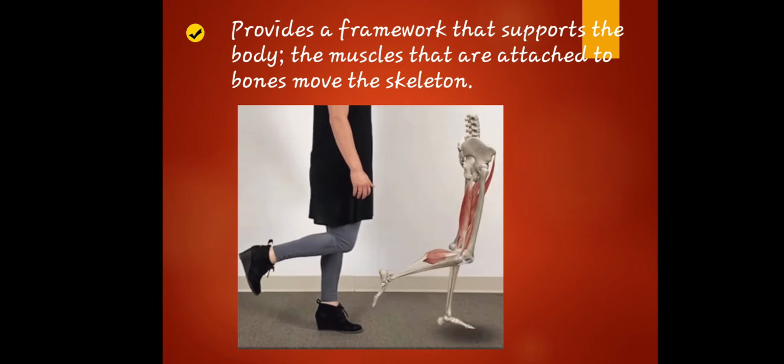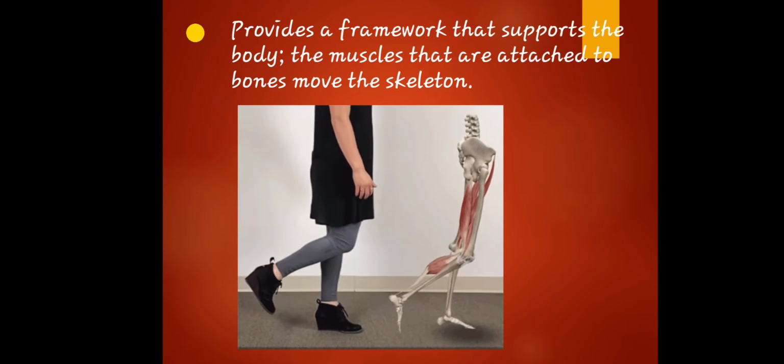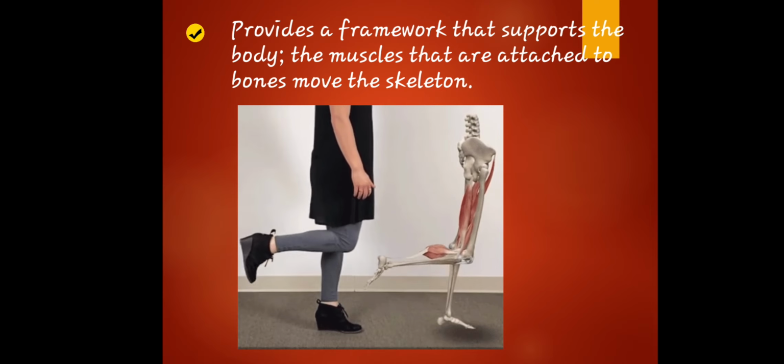It is why we can run, walk, flex, and get things that we want to reach, because of the skeleton and, of course, the muscles that attach to the skeleton. As you can see in the picture, it is understandable that bones are one of the reasons why we can flex our body, why we can sit, run, and walk, and why we can get things that are far from us.